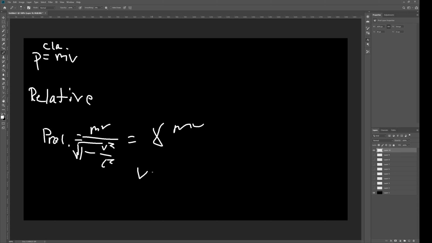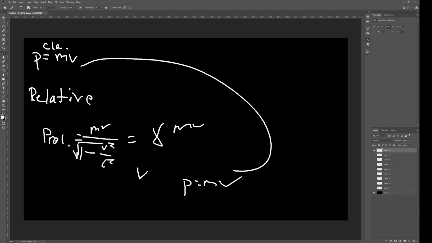If v is much less than c, then p is equal to mv, which follows the classical. But if v is equal to c, then we have mv over 0, and our momentum is equal to infinity.